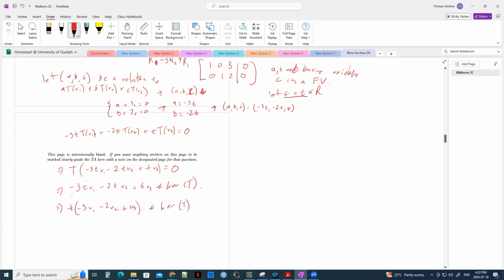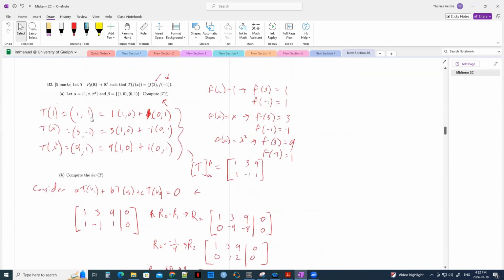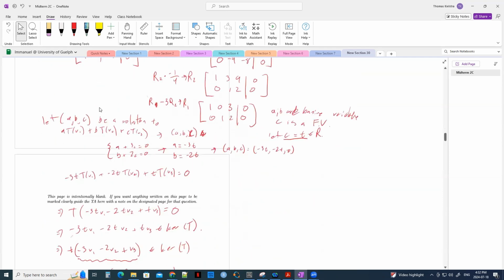And now, for each free variable that we have, we can group to create our basis vectors. So the kernel, in this case, is going to equal the span of the set containing -3v1 - 2v2 + v3. But what is my v1, v2, and v3? If we look back, my v1 is 1, my v2 is x, and my v3 is x squared.